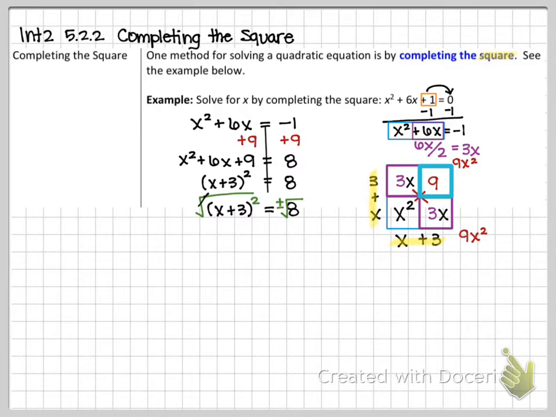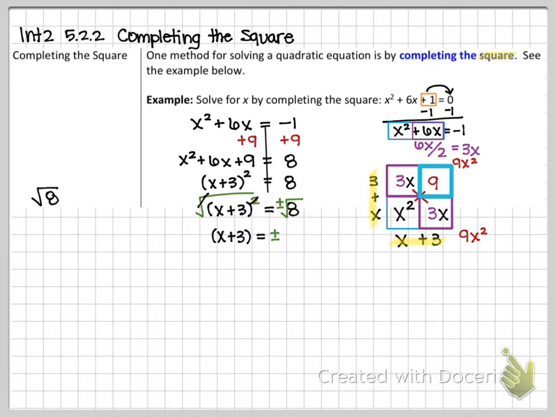Okay, on this side, the square and the square root cancel. This is good. So I've got parentheses x plus 3 equals, all right, plus or minus. Well, think about what we did in the last one. We can simplify the square root of 8. So I'll do a little work off to the side here.